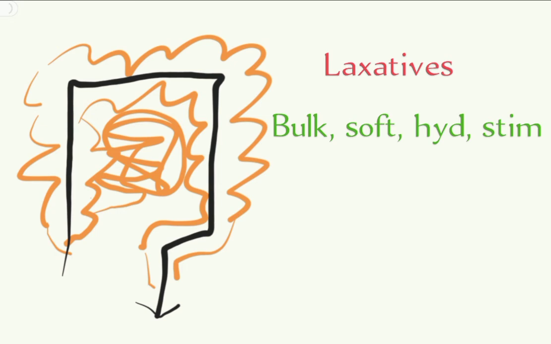One type of laxative gives you bulk. When there's more bulk, there's more stimulus for peristalsis, and there's actually more to pass. So that is one form of laxative. An example under this category would be methylcellulose, or any kind of general dietary fiber can be considered a bulky type of laxative.